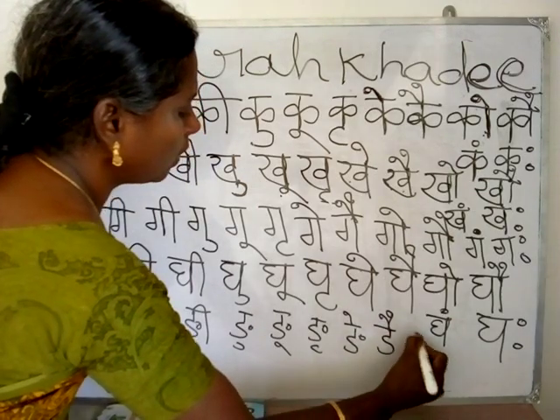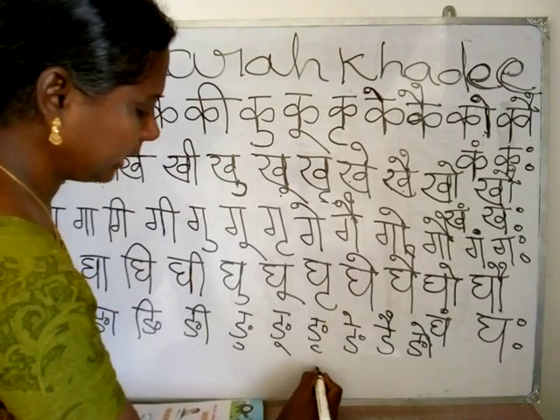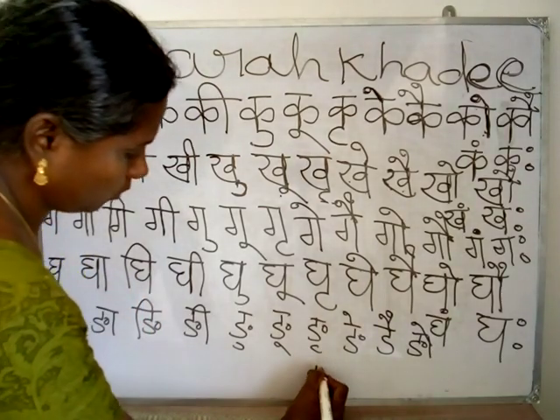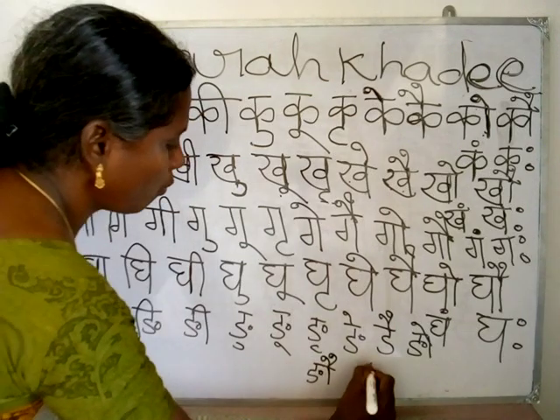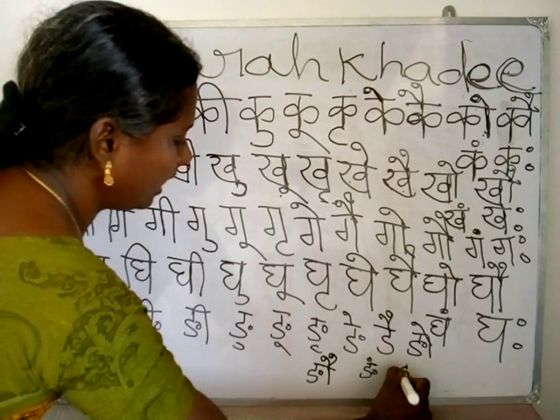Nga, one line and one curve, ngo. Then nga, ngau, ngam, ngaha.